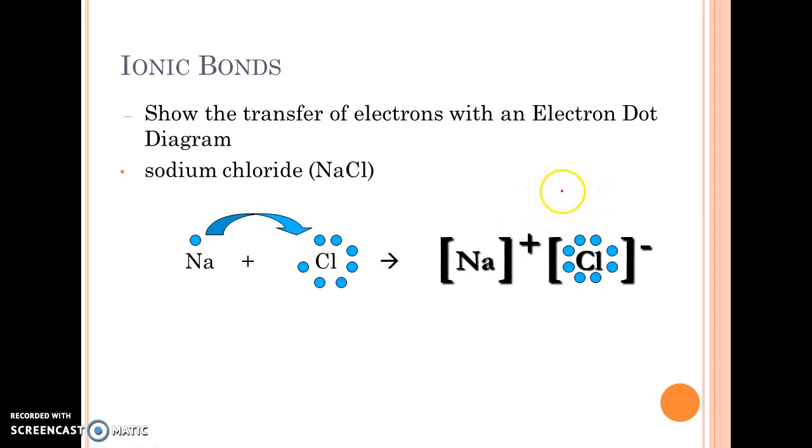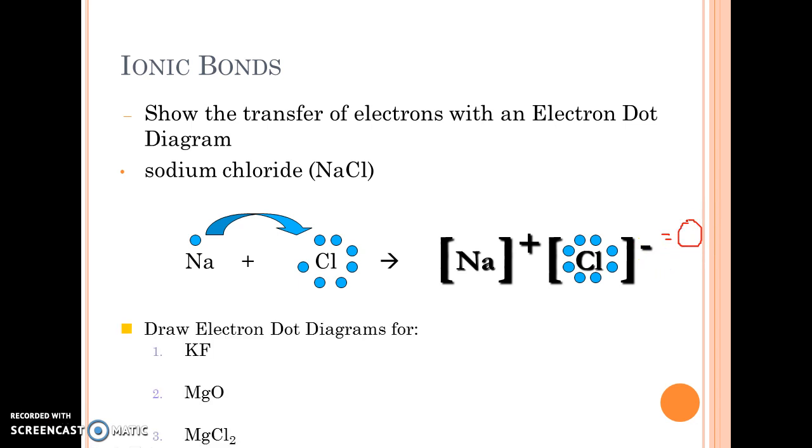Remember earlier I said that we want the overall charge to equal 0. Well, if we have a positive 1 and a negative 1, the overall charge equals 0, and that's how we know we've done this electron dot diagram correctly. I would like for you to draw electron dot diagrams for the following compounds. We have potassium fluoride. You have 1 atom of each.